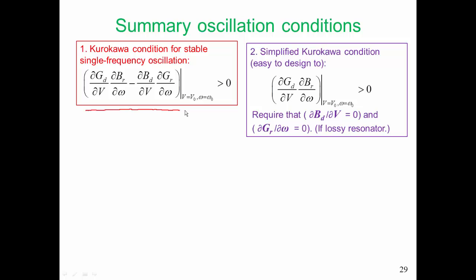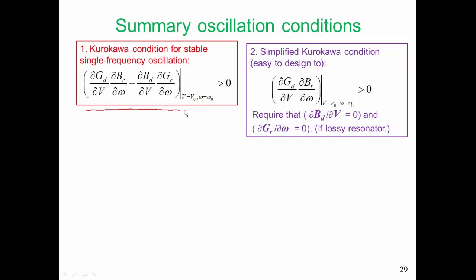For VCO design, where the resonator is lossy, we must make a design choice. Not everybody will make the same design choice, but this is the design choice that is made in this second oscillator case study. We will use a simplified Kurokawa condition because it is easier to design to.